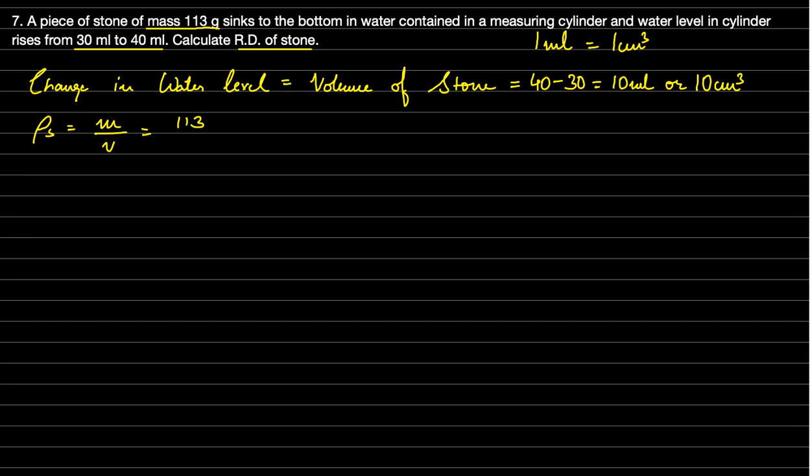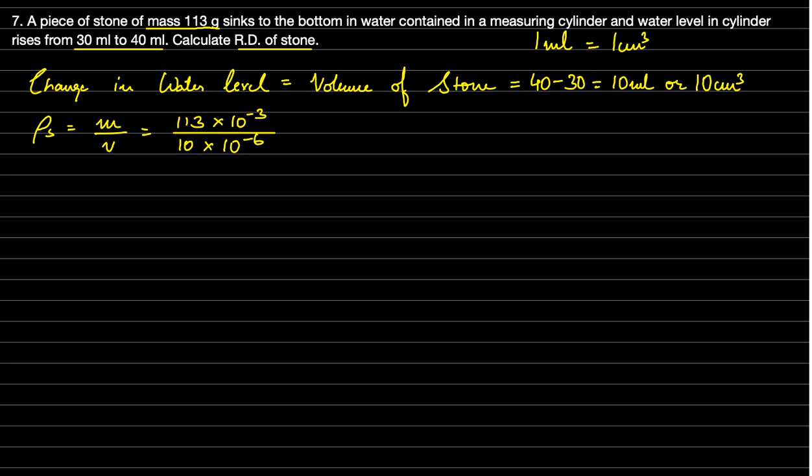So when we convert grams to kg, we multiply by 10 to the power of minus 3, divided by, again we have it in centimeter cube. So when we convert volume, that is centimeter cube, to meter cube, we multiply by 10 to the power of minus 6. I have explained this conversion step by step in the first video of exercise 5a. If you have not seen that by now, do check that out.